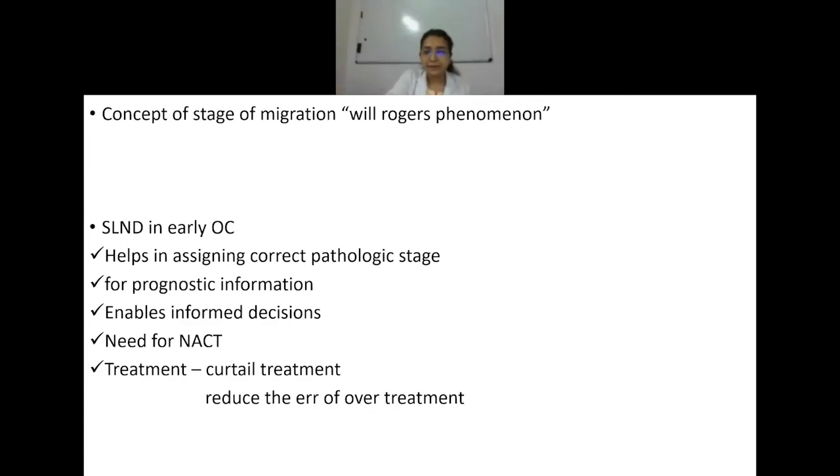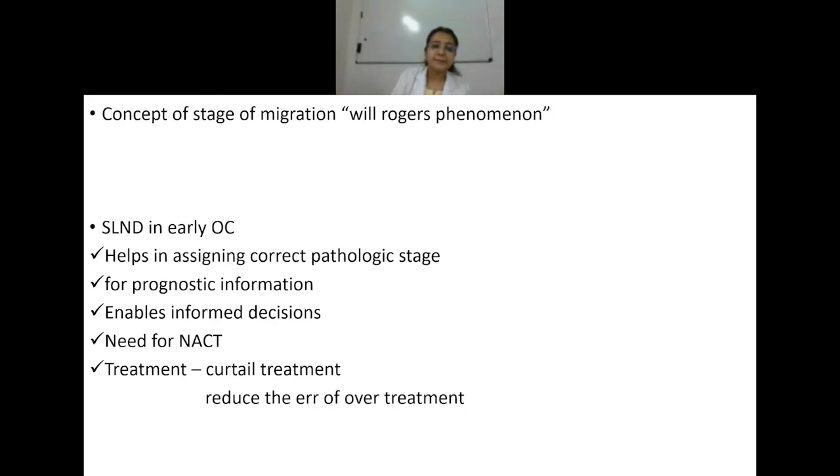Then the prognosis of stage 1 or stage 3, the overall survival, does not change, but we are now in a position to prognosticate the patients according to their correct stage.